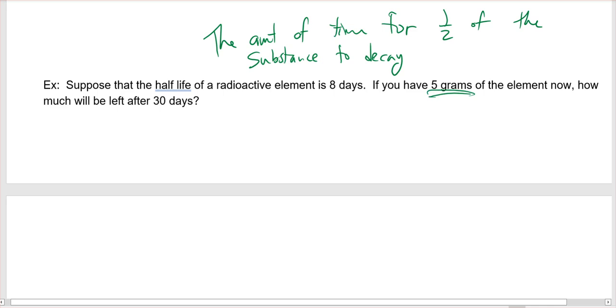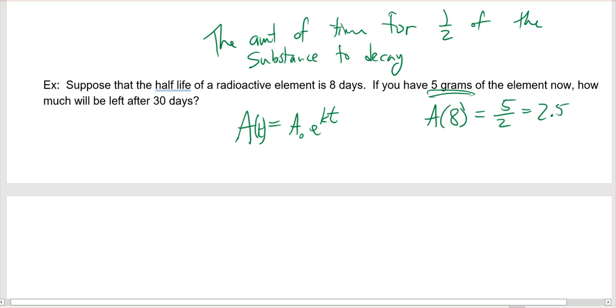And maybe we can write that, because that's what we're going to use to find this k value, using the nice formula from above. We can say that to find k, A of 8 days is half of what we started with, so 5 over 2. We could write 2.5 if we really want to, but 5 over 2 is fine too.